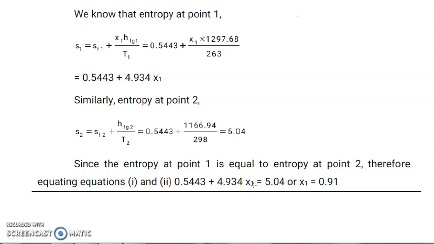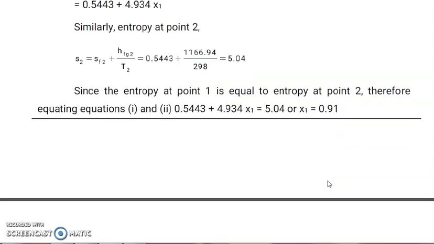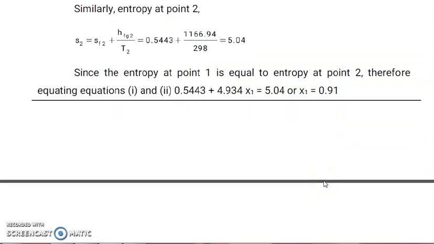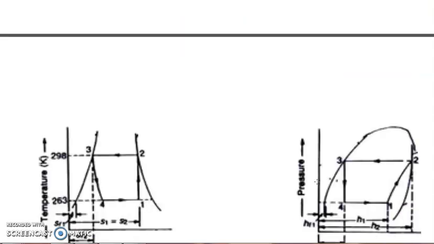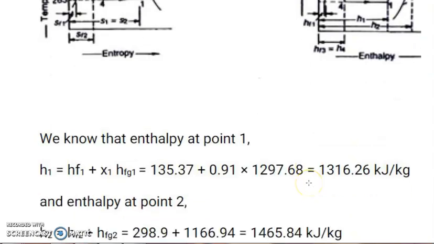So X1 is equal to 5.04 minus 0.5443 by 4.934. So you will get 0.91. If you know X1, easily one can calculate the enthalpy. Here you remember another point.